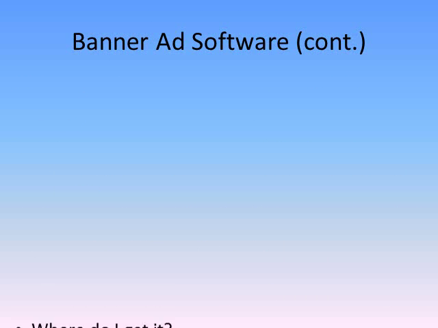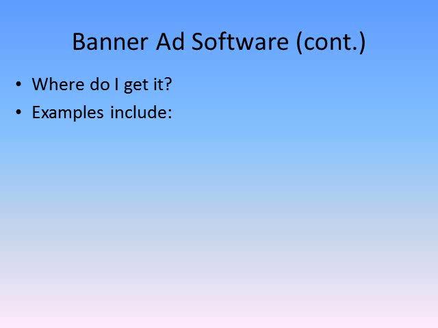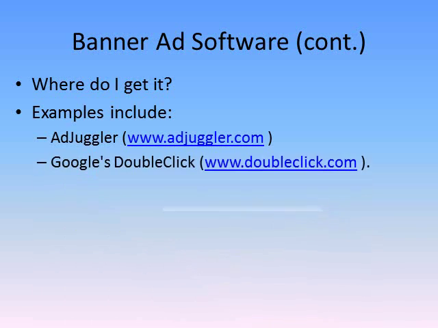So right now you should be asking, where do I get it? And I'll just provide a couple of examples. There are lots of different providers out there, but one is called Ad Juggler. I don't think we need to take class time to go over this, but if you'd like to learn about it, go to this link.